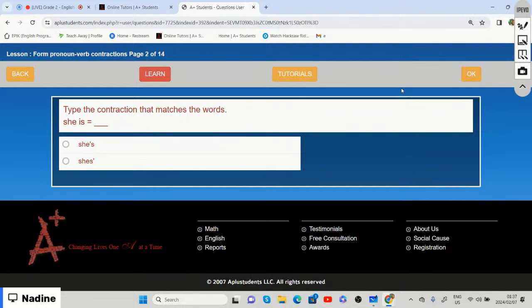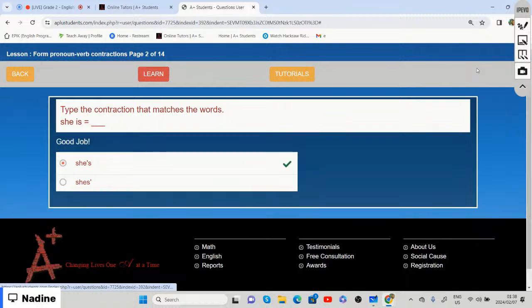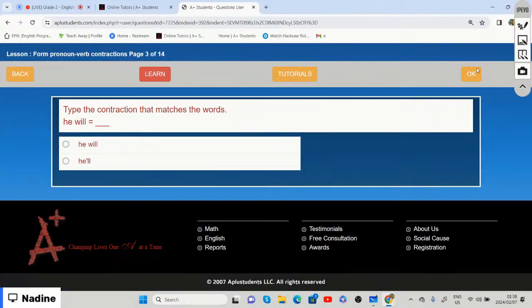So we say she is, and if we shorten she is, then we will use the word she's. So she's, and not the apostrophe that is outside.